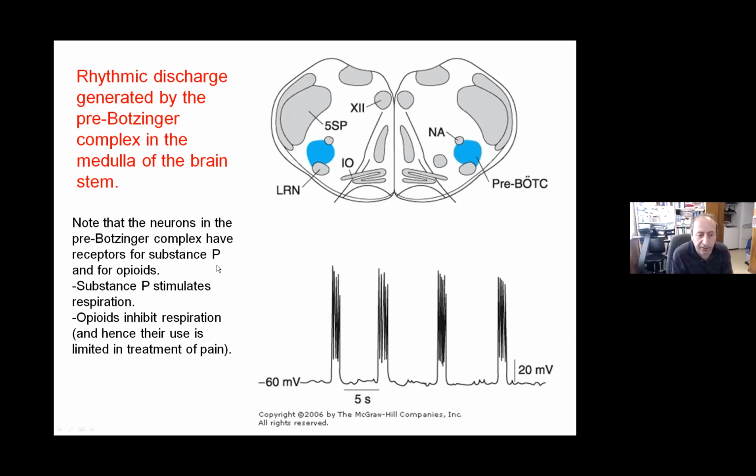When someone takes opioids for a longer period, it causes inhibition everywhere in the brain, and also inhibition of neurons in the medulla, and this will slow down the breathing.